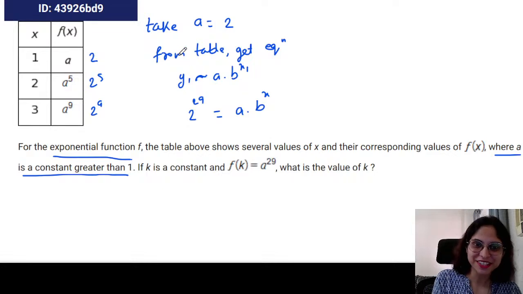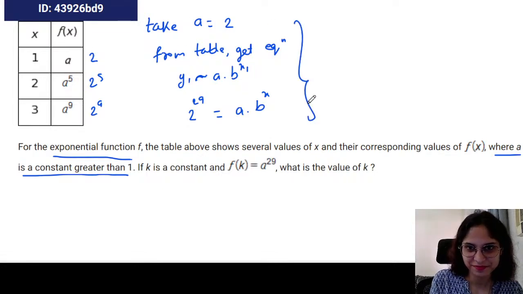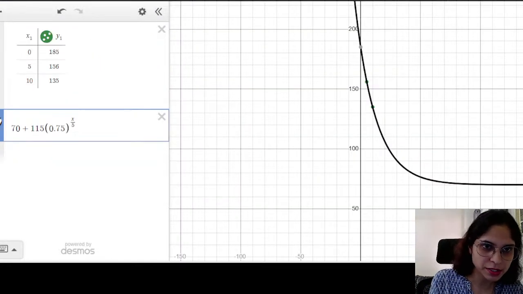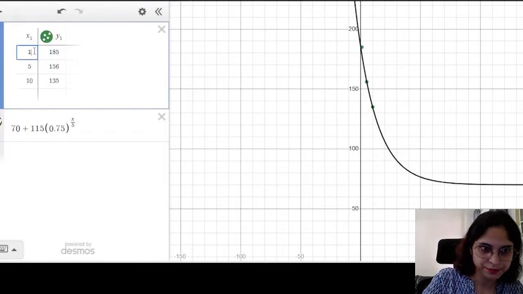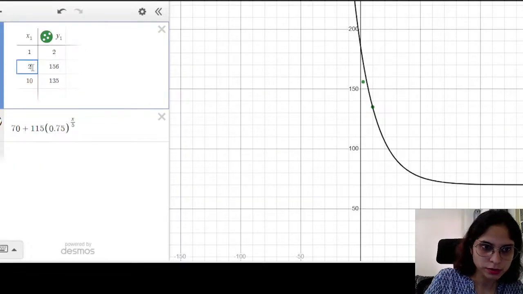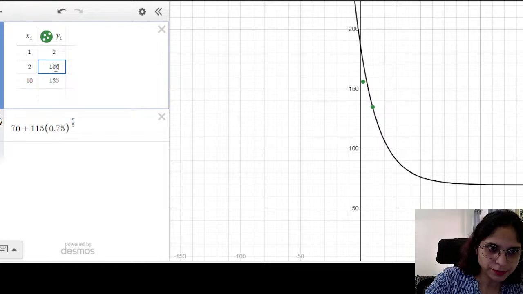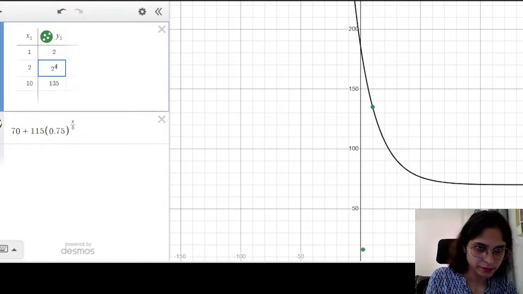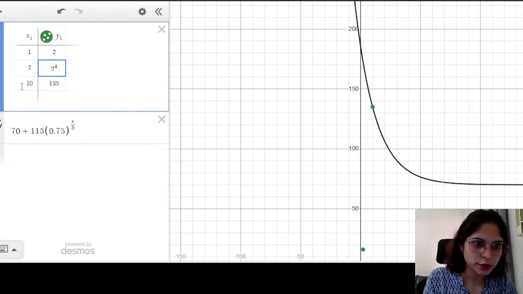You should get the value of x. You can take 3 also. We will take different values and see if you are getting the same answer. So at 1 the value is a, that is 2. At 2 the value is 2 to the power 4. Then at 3 the value is a to the power 9.